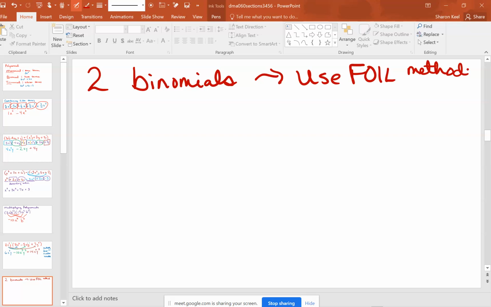I'm going to choose one of your examples from over on page 6-40. I'm going to choose number 6. We have 5x minus 1, and we have 2x minus 7. We have two binomials. There's two terms, and here's two terms. They're both in parentheses, and we are going to multiply those.